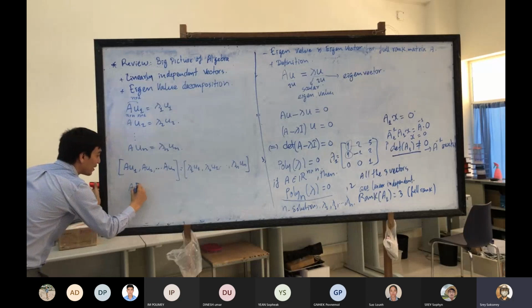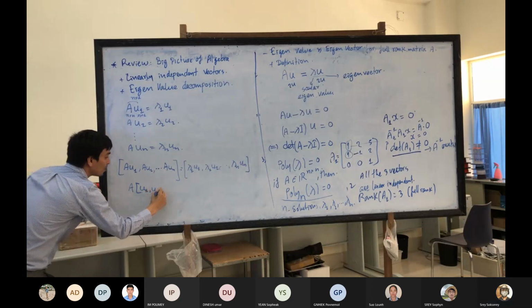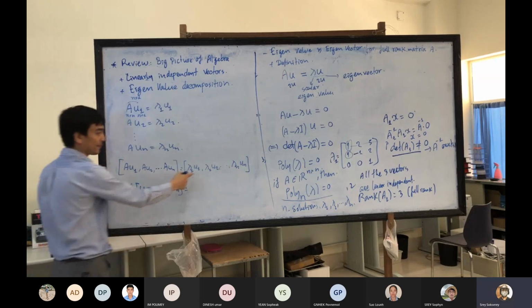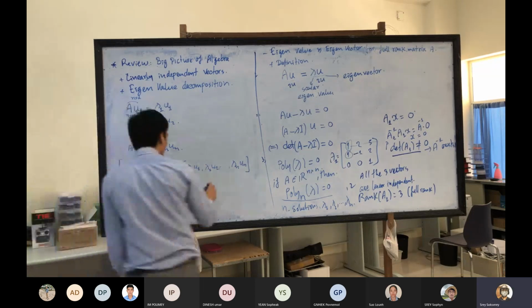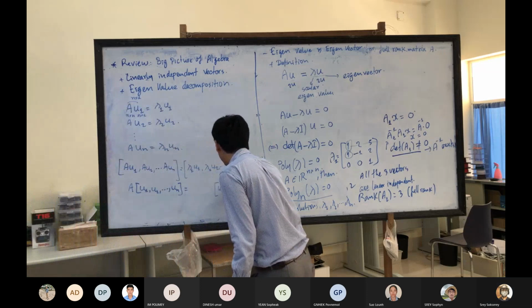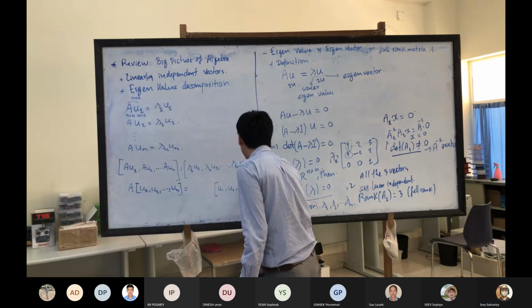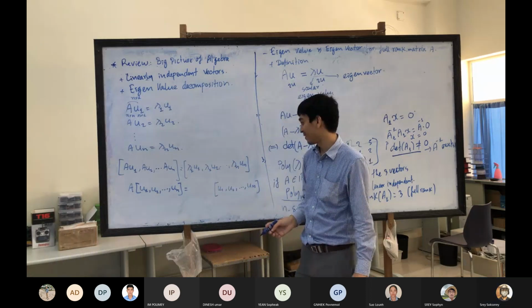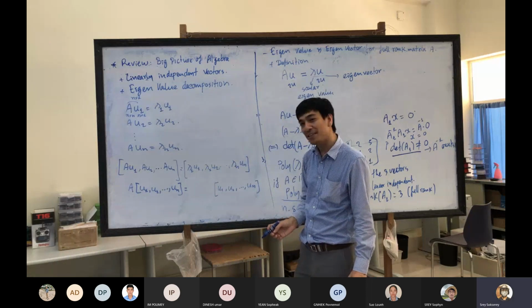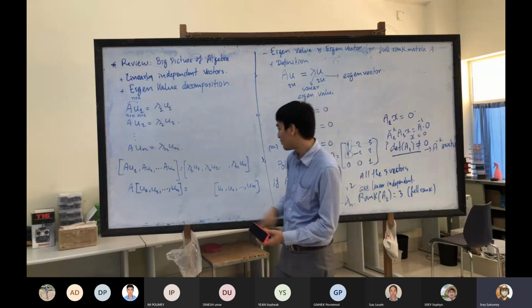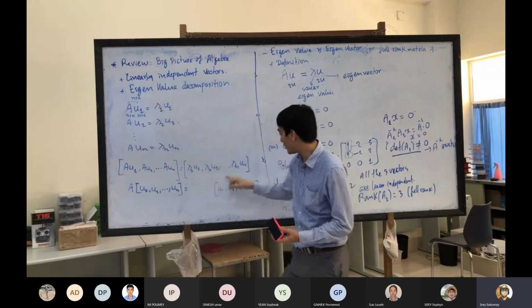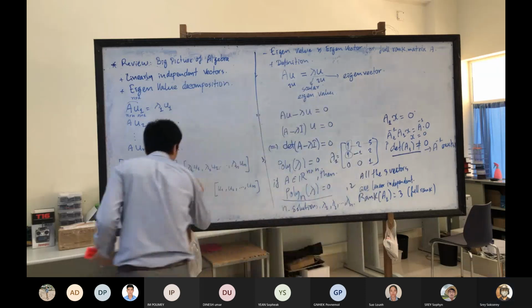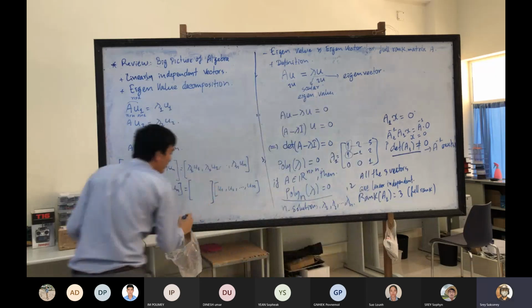So A, and then it is U1, U2. And then here, now I want U1, U2, Un. So what can I have in front? You can multiply. If you multiply, lambda 1 times it, lambda 1 times this also. What do we have?